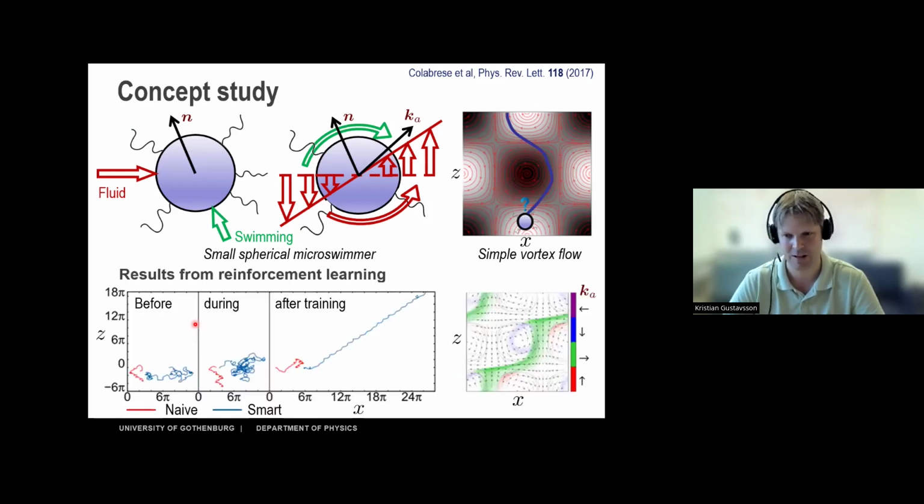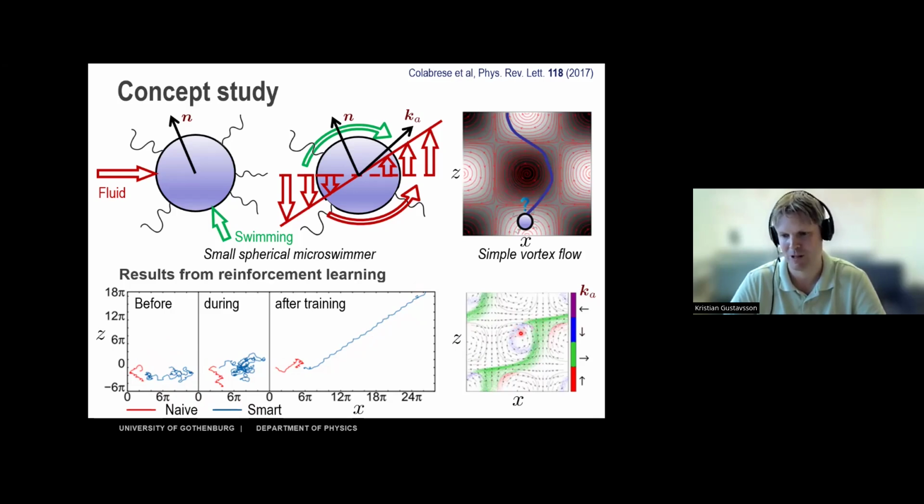That's the starting point of our studies using reinforcement learning. So we had a simple vortex flow, and before training, the smart strategy moves just randomly, just as the naive one. The naive one is to always try to swim upwards, while after training we get a strategy that efficiently moves upwards, and it does this by following a strategy that occasionally takes suboptimal actions.